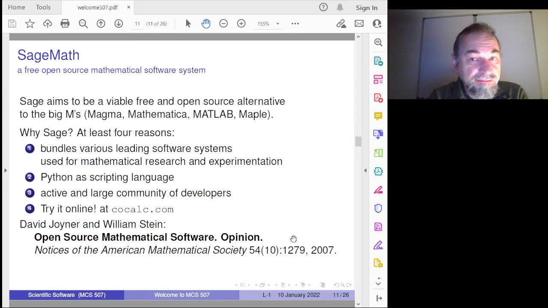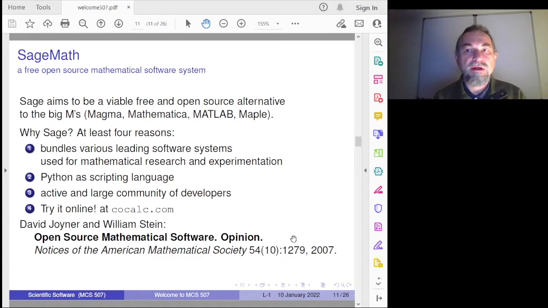Installing software can be a frustrating activity. We are living now in the time of cloud computing. So the first exercises here are to install or try online. There is CoCalc.